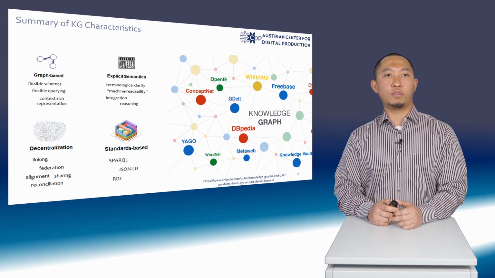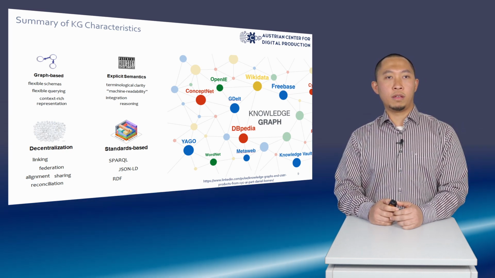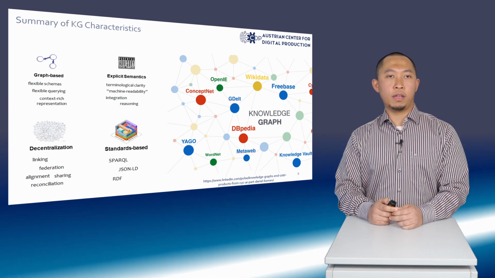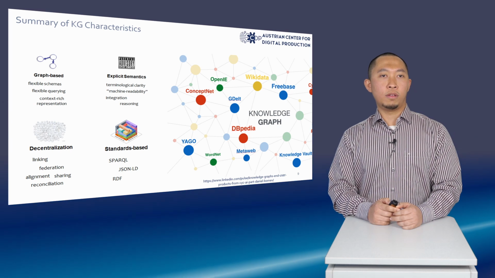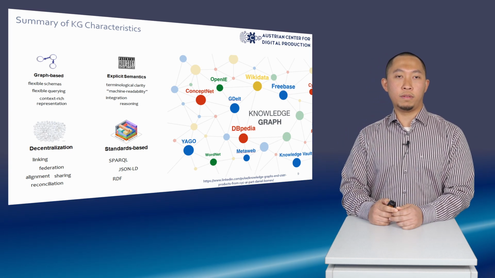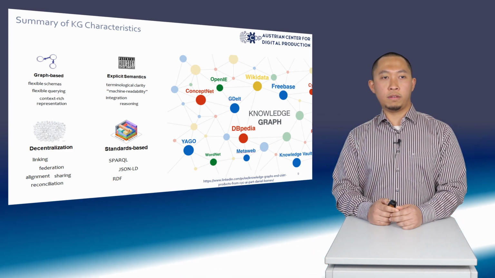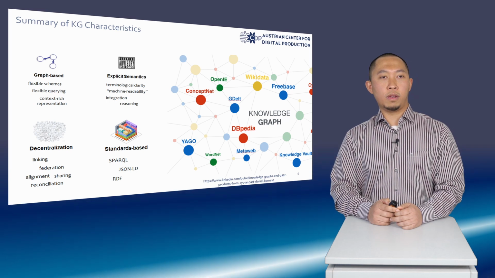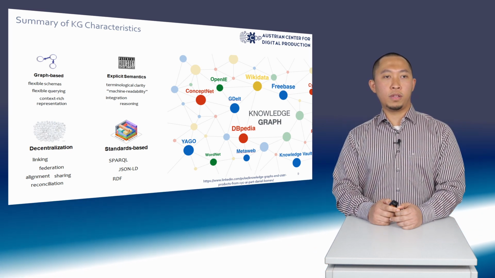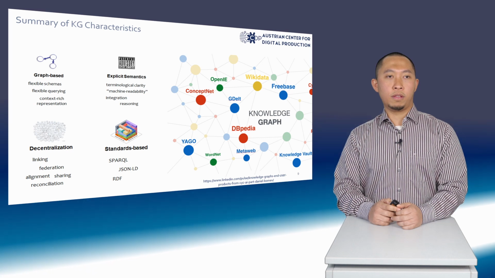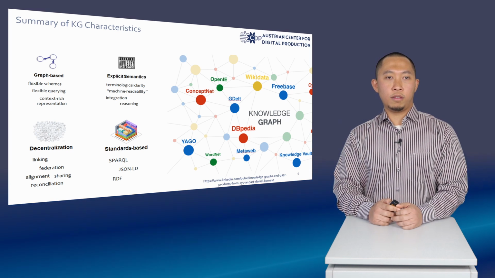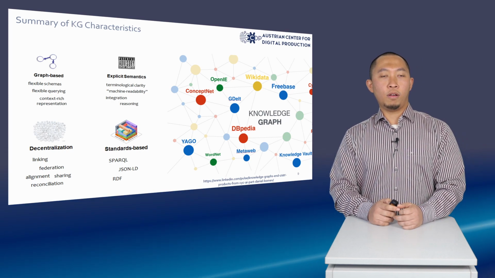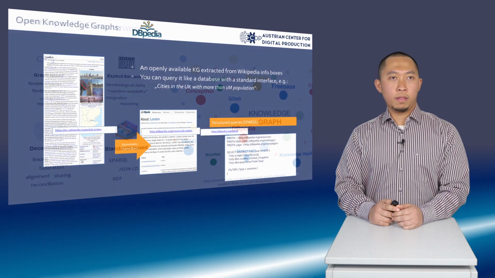And it also supports explicit semantics, where the machine can understand and integrate this data to infer or reason new knowledge that was implicit before. And it also supports decentralization, meaning that a knowledge graph doesn't necessarily need to be in a centralized repository, but it could also be in a distributed way or distributed settings. And as we talked about already, it supports standard-based technology that everyone can use.